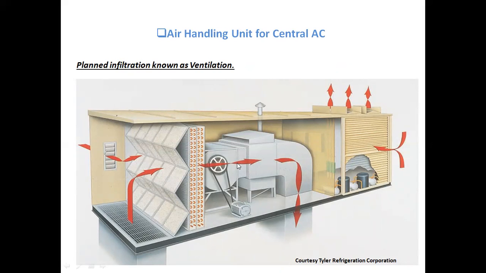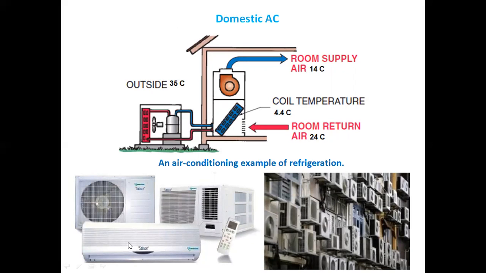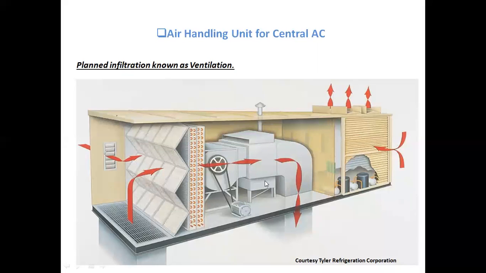Now next, for large space air conditioning, like in the case of multiplex malls, a small system as shown in this diagram will not help. For that you need a large system which will handle thousands and lakhs of cubic feet or lakhs of cfm of air. For that you need a unit known as the air handling unit, where you can see a blower, and this blower will blow out thousands and lakhs of cubic meters of air per minute.